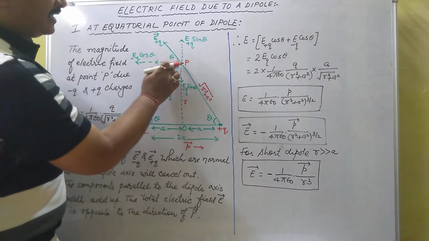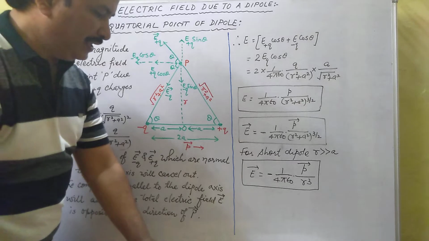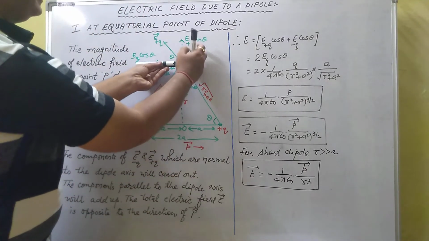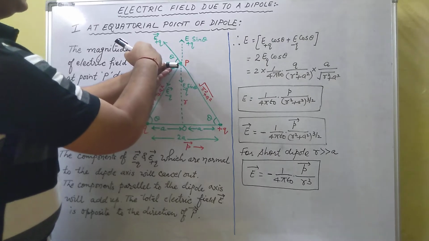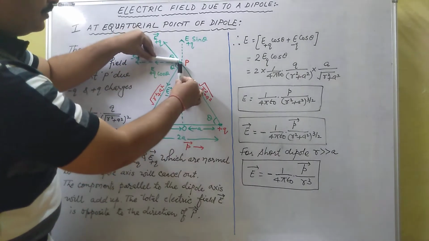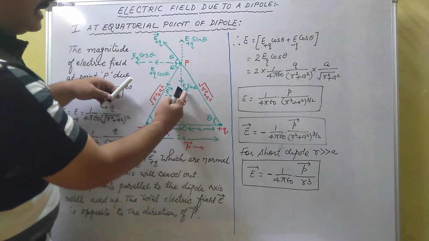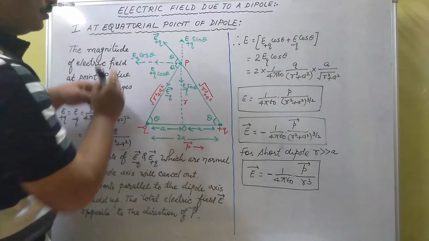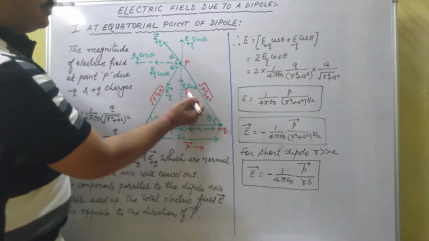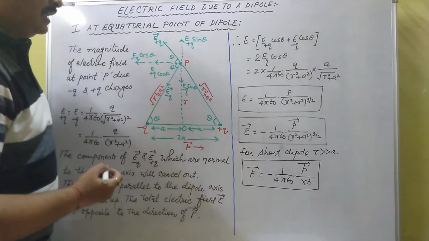Once again I am saying, E plus q is resolved into two components like this: E plus q sine theta and E plus q cos theta. Here E minus q is resolved into these two components, E minus q sine theta and E minus q cos theta.